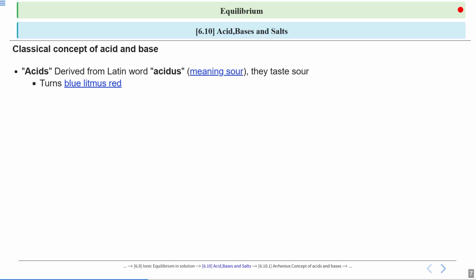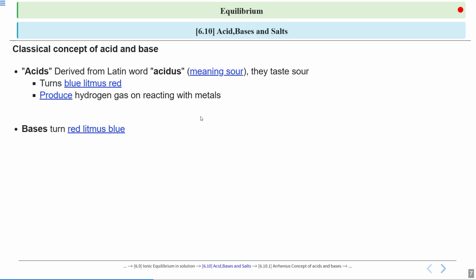It converts blue litmus to red. Third, it will produce hydrogen gas on reacting with metals. Whenever you react a metal with an acid, it gets converted into a corroded form and releases hydrogen gas. So this is a very reactive reaction.